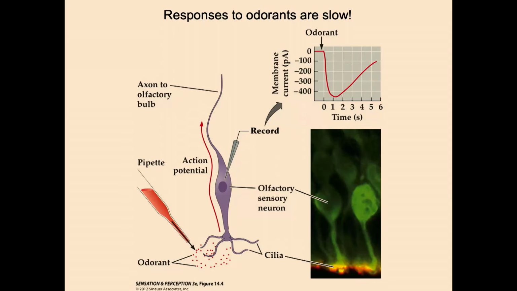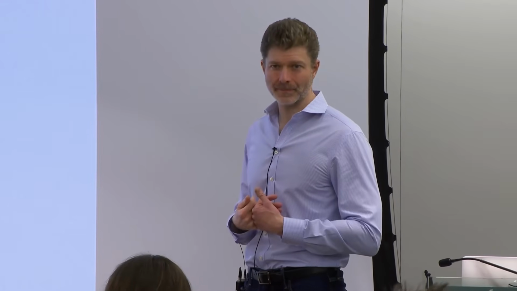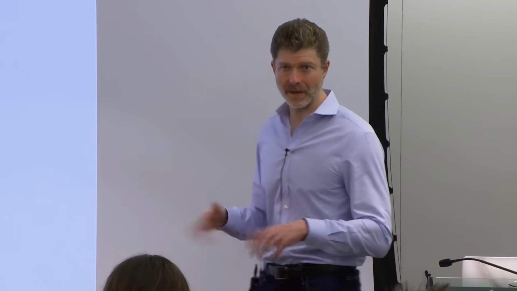But the thing to notice here is the x-axis, right? That's in seconds. So this change in the response has a time constant of like 5 or 6 seconds. It's like an fMRI signal, which we think of as incredibly slow relative to neural activity. Okay, so smell is slow.